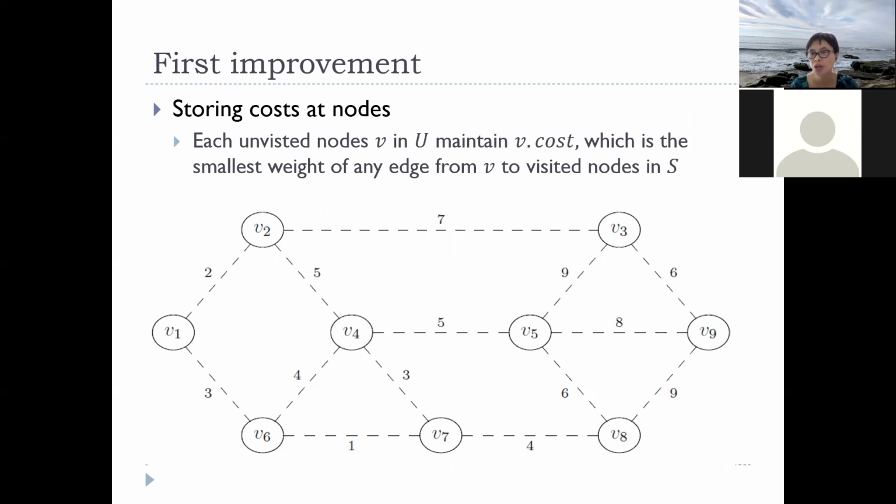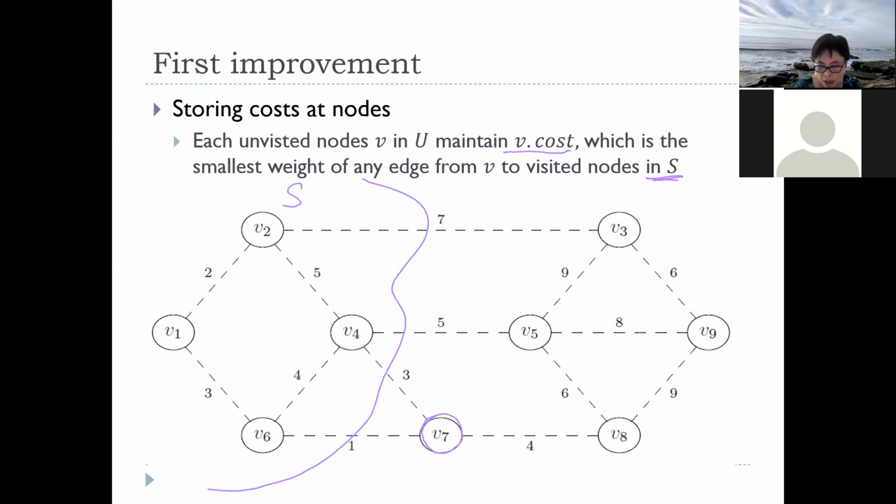In other words, at any moment, every node maintains a cost, which is the cheapest way to reach it from nodes that are already visited in S. Suppose you have already visited all the nodes in S, and each of the nodes remembers the cheapest way to reach it from nodes in S. This is just a random example and may not be correct.